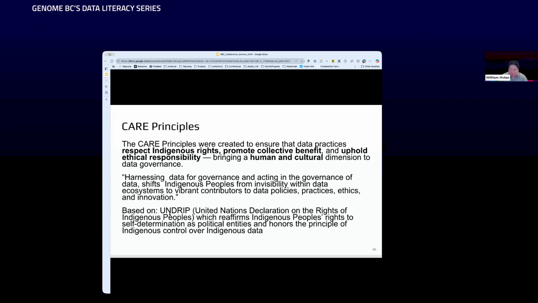These principles are based on some underlying documents, such as the UN DRIP, the United Nations Declaration on the Rights of Indigenous Peoples, and they reaffirm their data sovereignty.